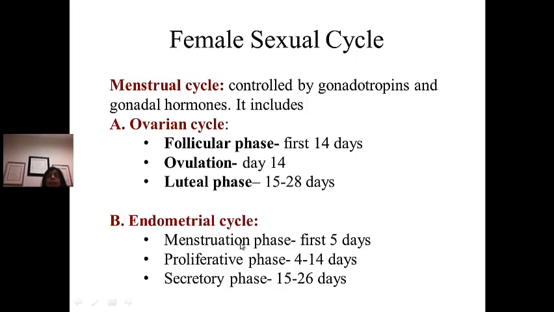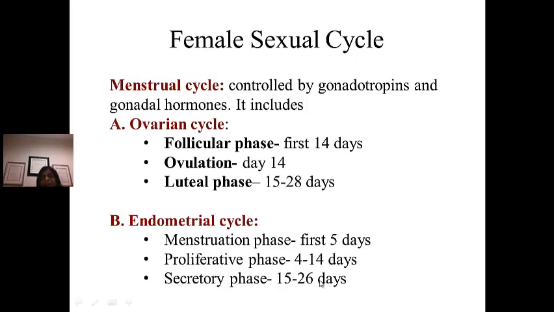The endometrial cycle is also organized into different parts: menstruation phase, proliferative phase, and secretory phase. The menstruation phase is the first 5 days of the cycle, that is days 1 through 5 of a new cycle. Most of you probably think that menstruation occurs at the end of the cycle. Not really.